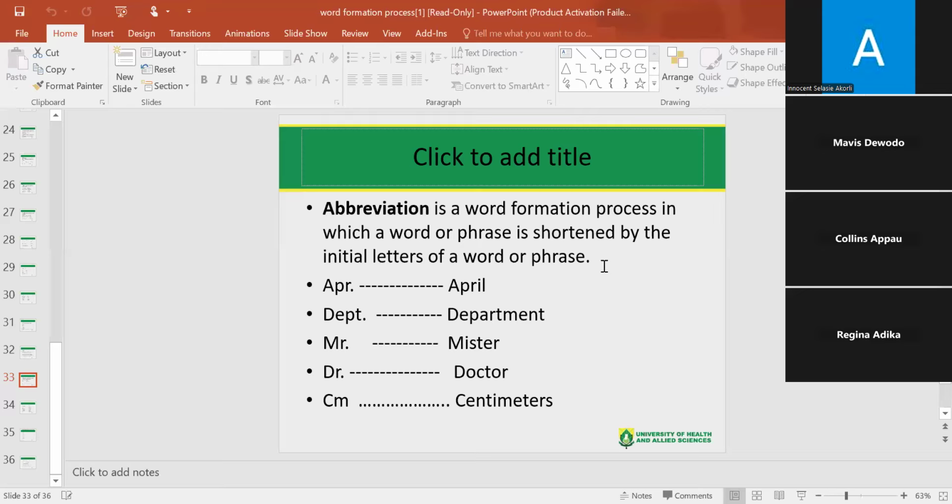DEPT, full stop, is department. MR, full stop, Mr. DR, full stop, Doctor. CM, centimeters. So you can see, even this is very interesting, that most of the time the abbreviated forms have a full stop at the end, not all of them anyway.